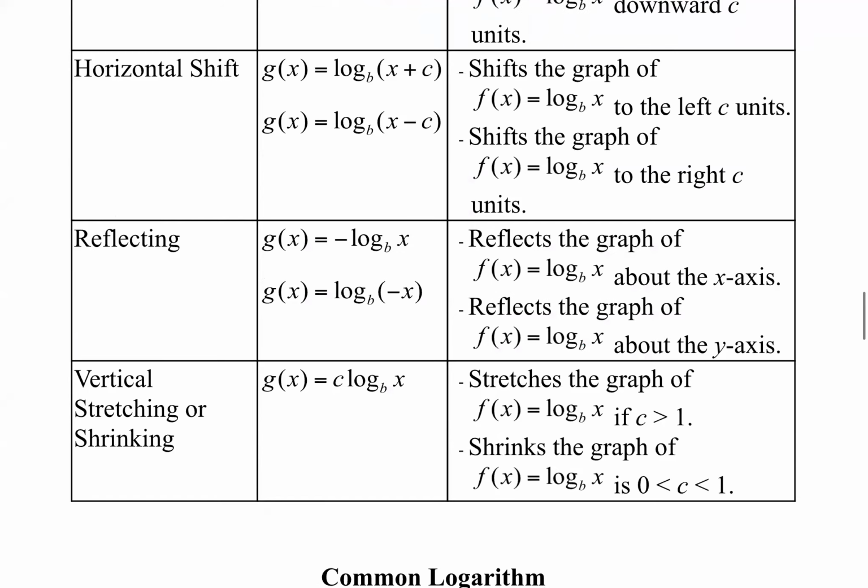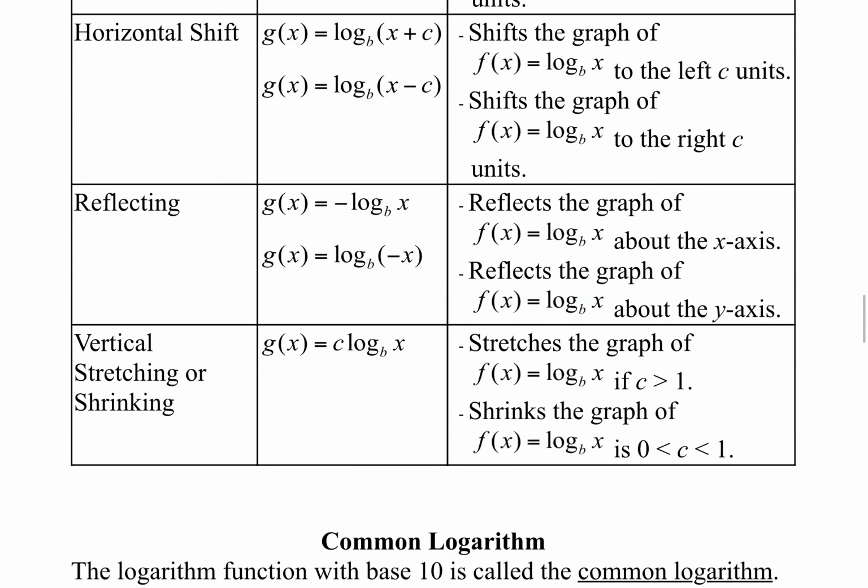Reflection works the same way. If you put the negative on the outside of the whole thing, it's a reflection over the x-axis. If you put it inside, it's over the y-axis. So we could flip it over the x, or we could flip it over the y, which I've just run out of room for, but we can show a few of those in a bit.